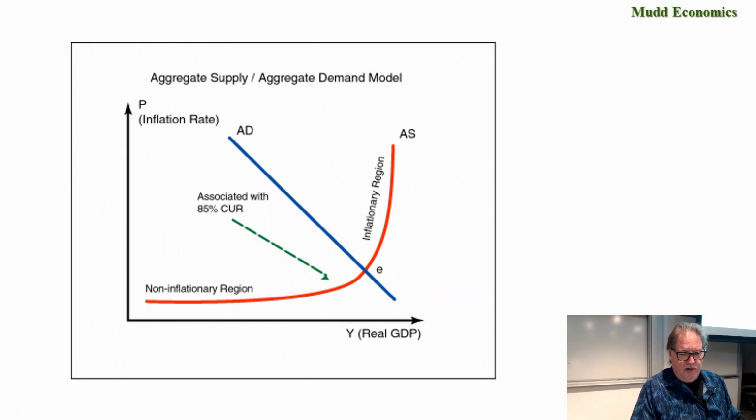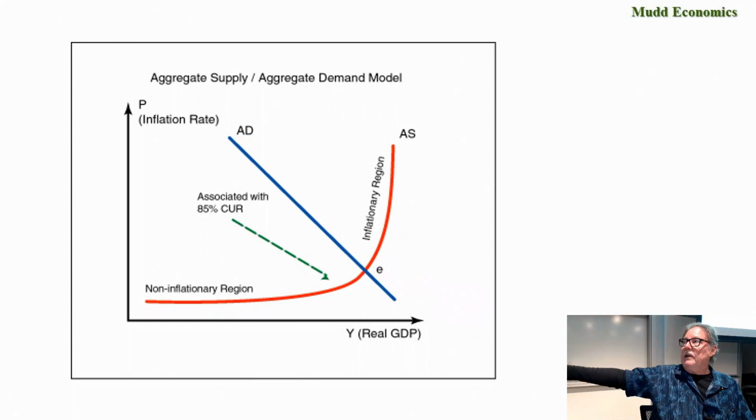It also suggests, however, that once you pass that point where we are in this graph at point E, any effort to further stimulate the demand in the economy will result in more and more inflation and less real output. Because you can plainly see that, given that this is real output on this graph here and this is the inflation rate on this graph here, when you're going through here, you're getting some sizable increases in real output with no inflationary effect.